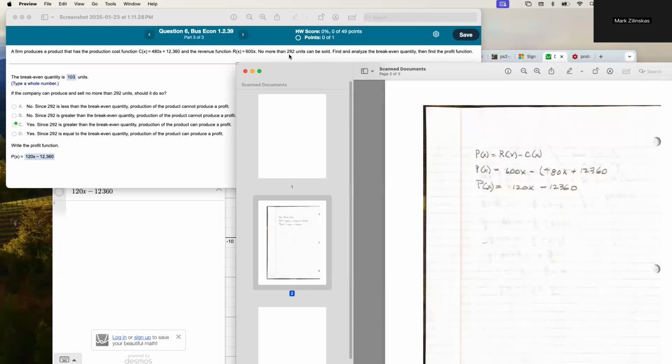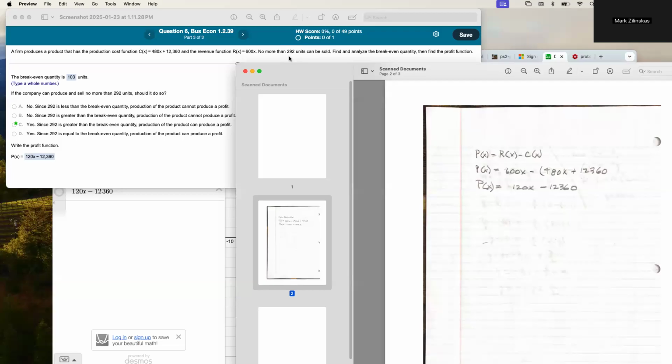Okay. So, if we try to put it in context, this might be some very high-end product that's going to be very expensive, so it's only going to be a very small market of people that can possibly buy it, as well as wanting to buy the thing. Okay. So anyway, 292 units is our maximum here.